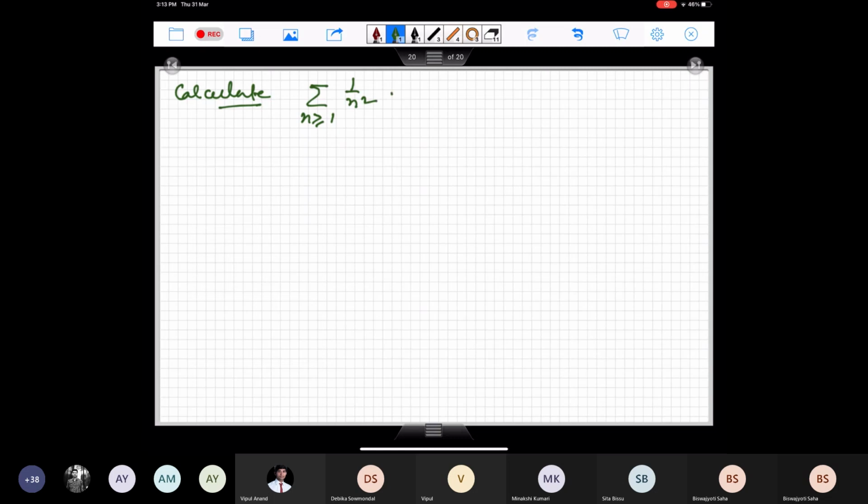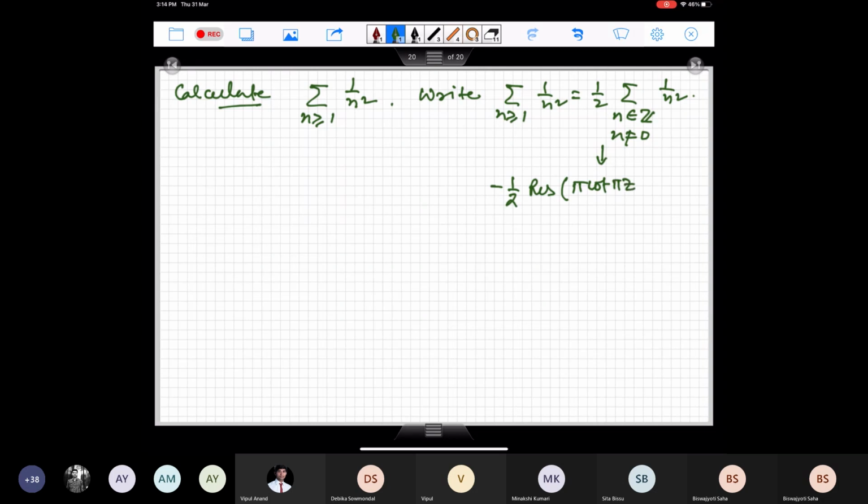I will write this term as half of the summation n in Z, n not equal to 0, of 1 upon n square. That's the case, and therefore this is going to be minus half the residue of pi cot pi z divided by z square at 0.